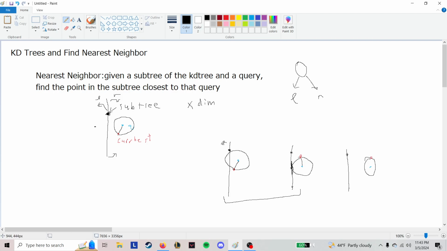And I know that a line crossing the circle means that at some point, the distance from the query to the line will be exactly the radius, right? In the tangent case, that point is exactly the tangent point.